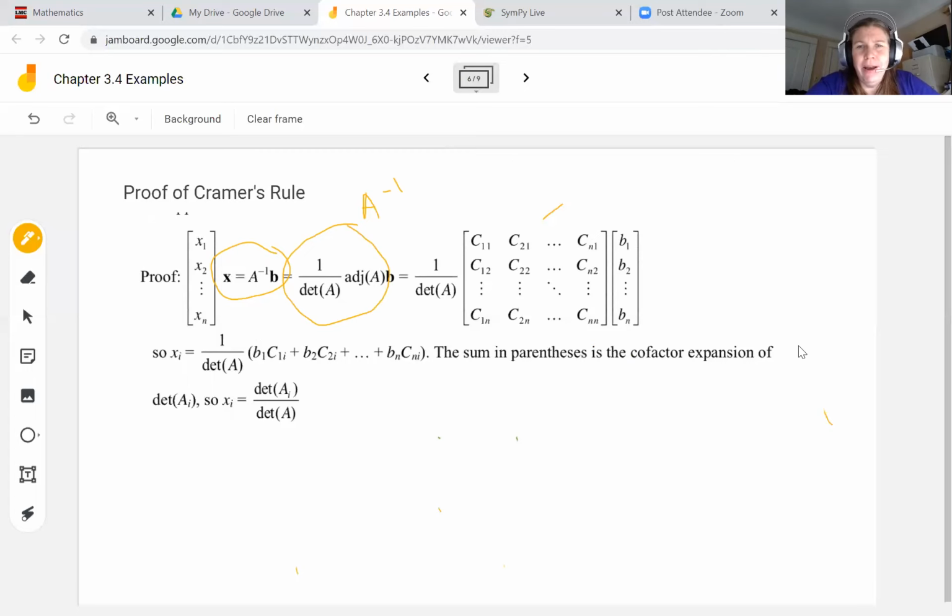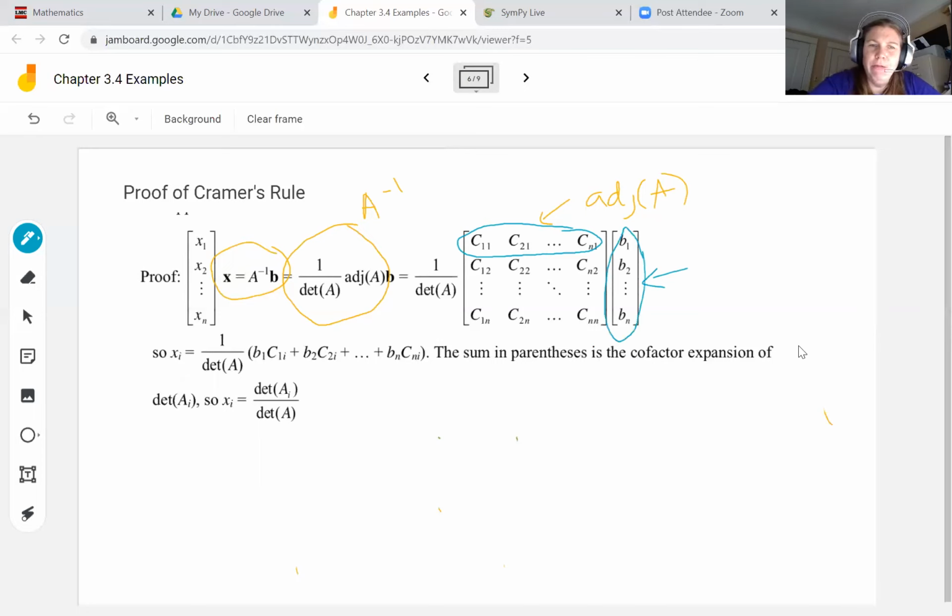So here's our adjoint matrix A, and here's matrix B over here. B is just a column. And so we think about, well, if we expand this out, then each row of cofactors here in the adjoint matrix gets multiplied by each B value.